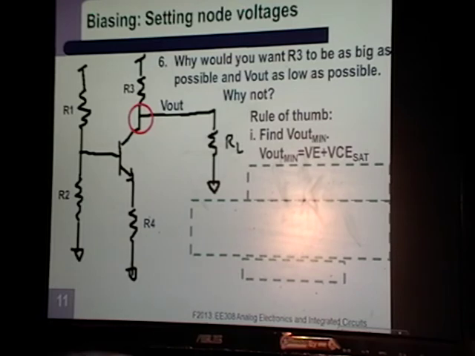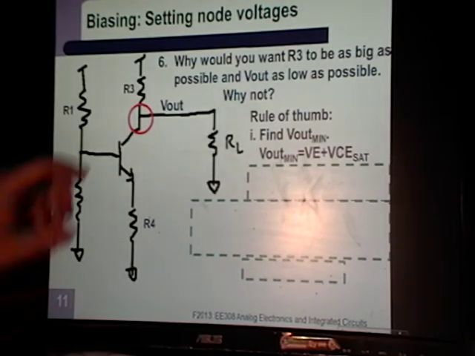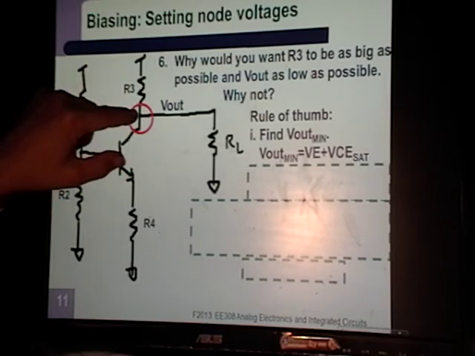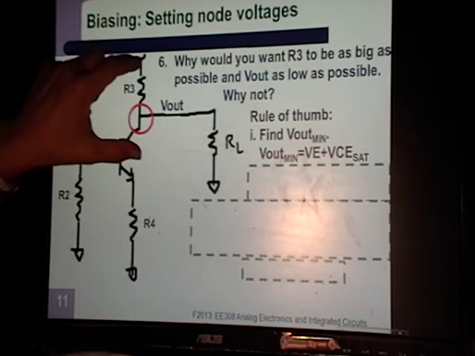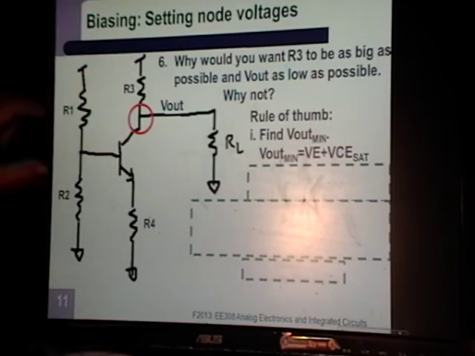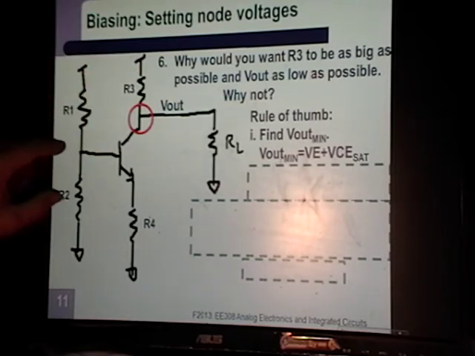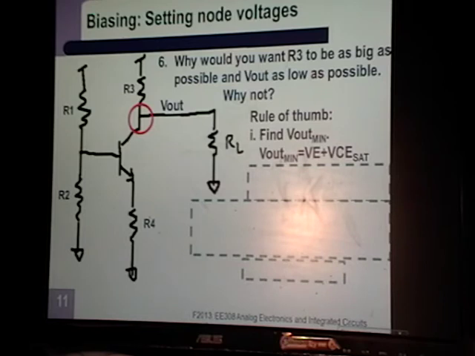And then if V in goes up, if you put this in the middle of that safe range, then V out can go up as much as it can go down, and that accommodates the largest variety of input signals that somebody could give you.